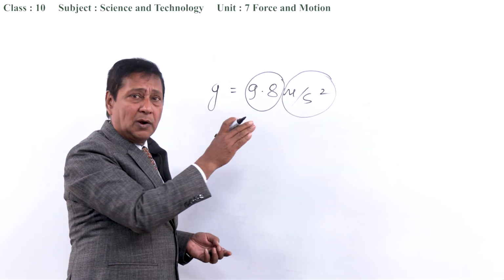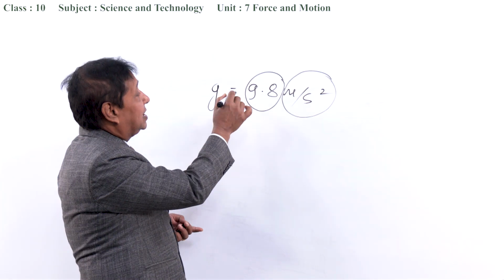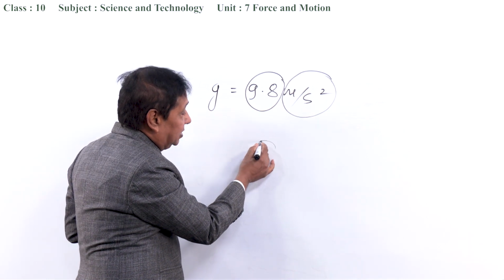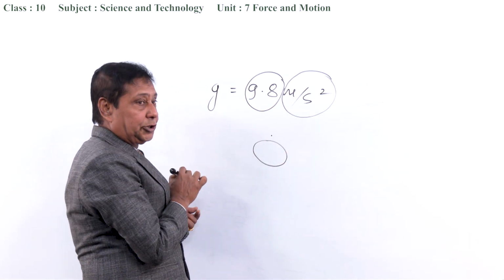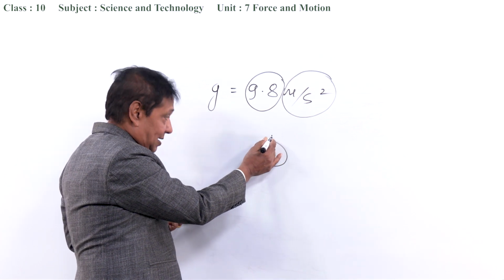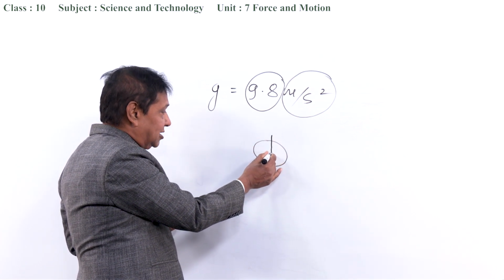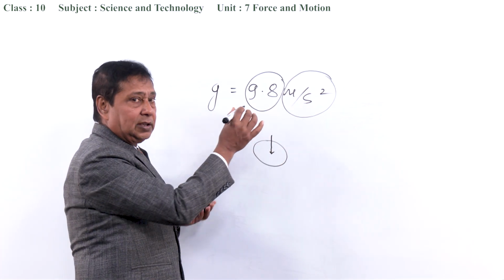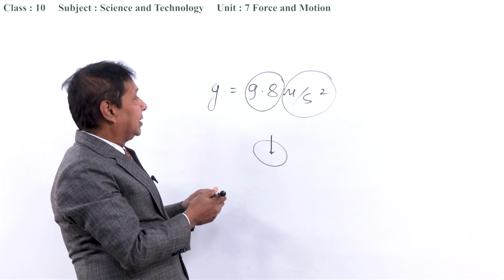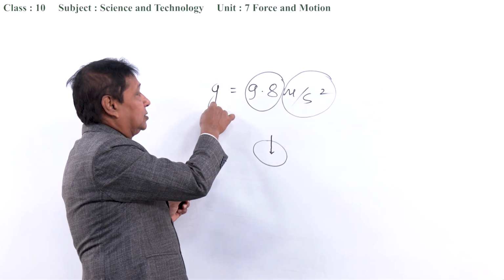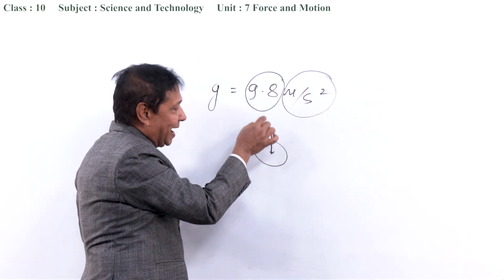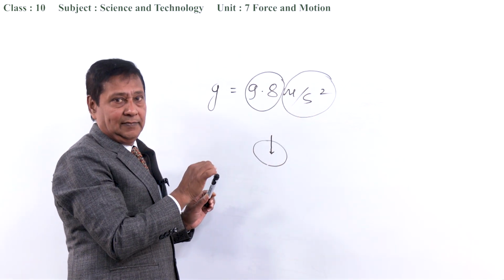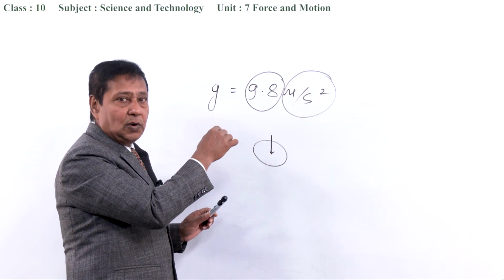But what about direction? The direction of acceleration due to gravity is towards the center of the earth. If a body is dropped from a certain height, it tends to go towards the center of the earth. Its direction is fixed. That's why this acceleration due to gravity is expressed in terms of magnitude as well as direction. That's why this is a vector quantity.